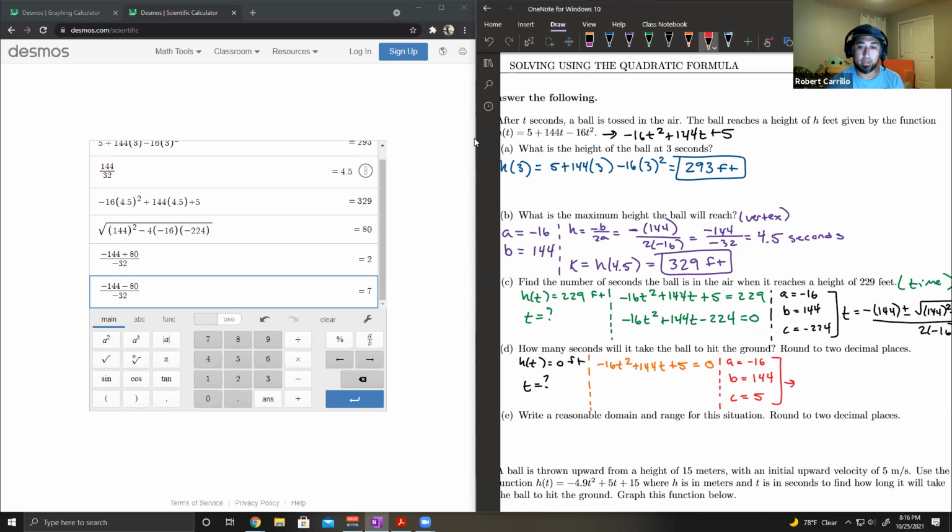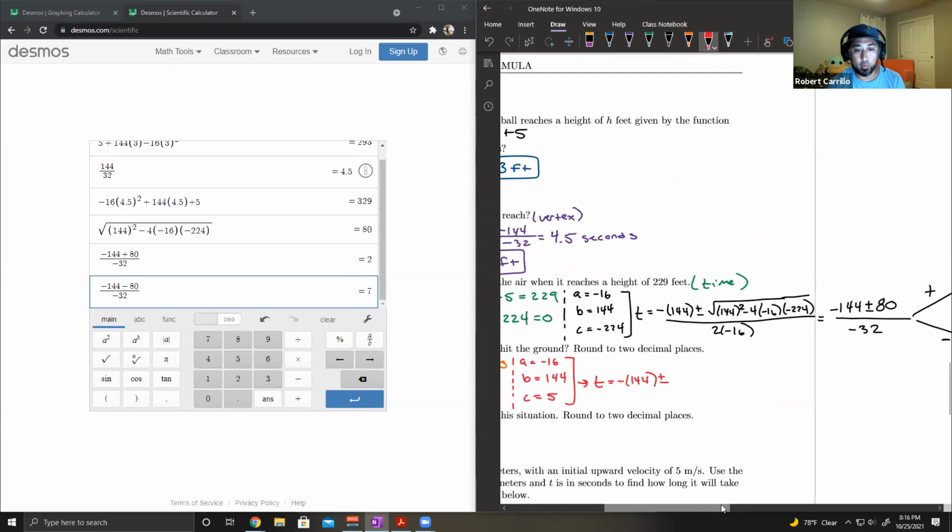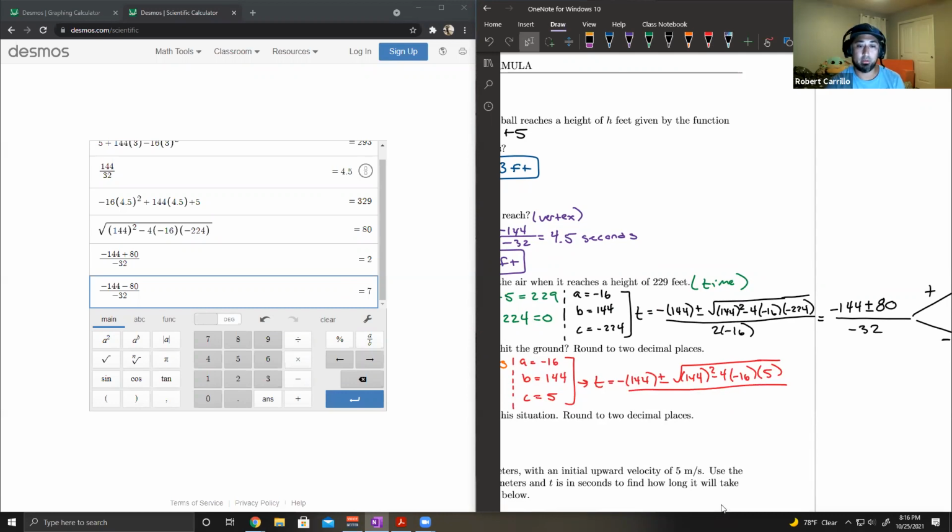So quadratic formula, t equals, again, negative b plus or minus the square root of b squared minus 4 times a times c, all over 2 times a.